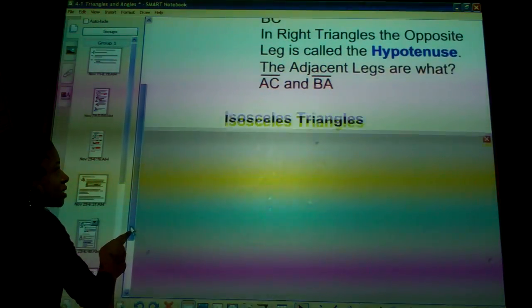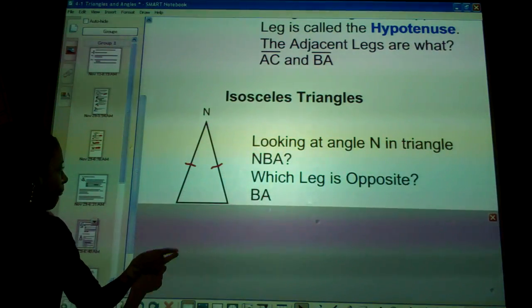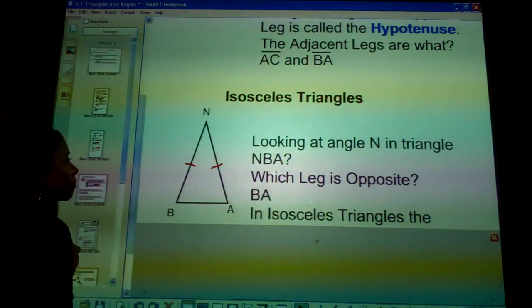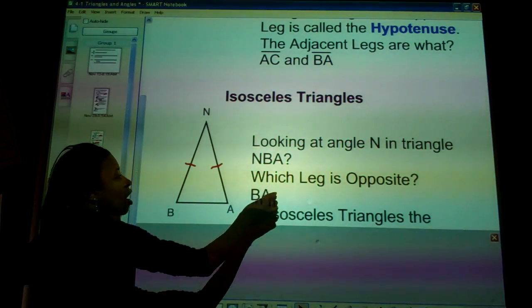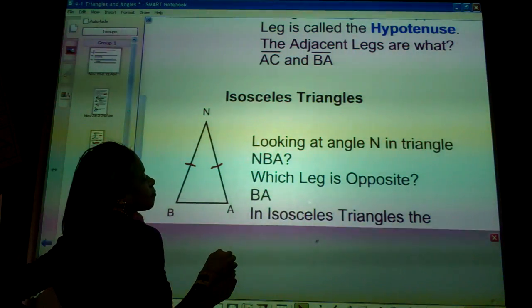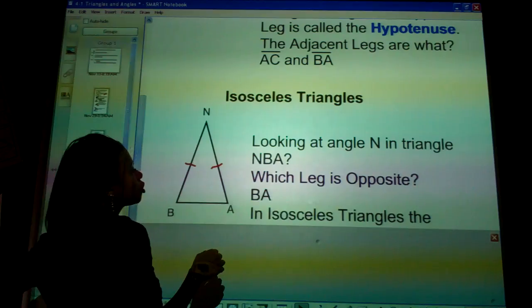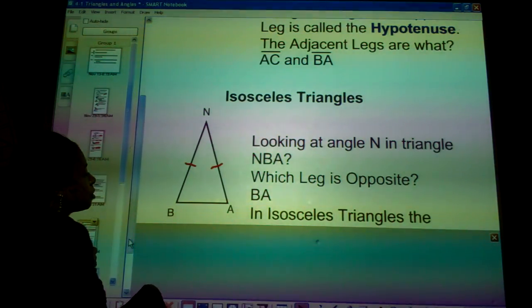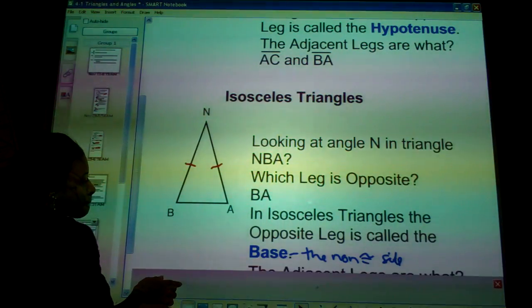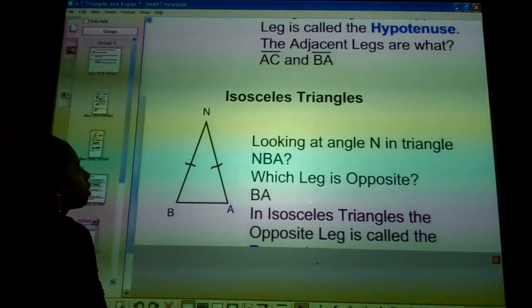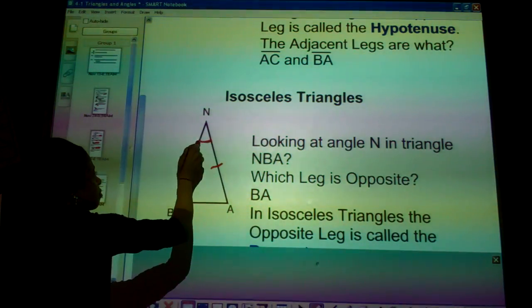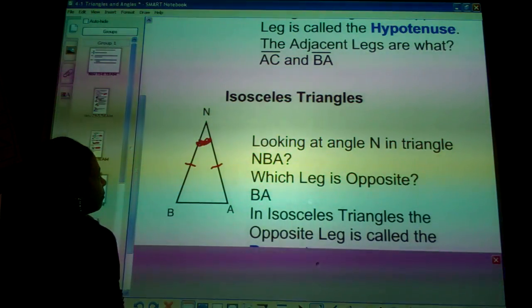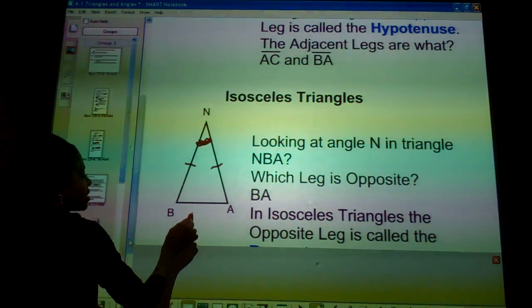Now let's look at isosceles triangles. Looking at triangle NBA, which legs are opposite? First of all, let's do angle N. If I'm looking at angle N, which leg is opposite?